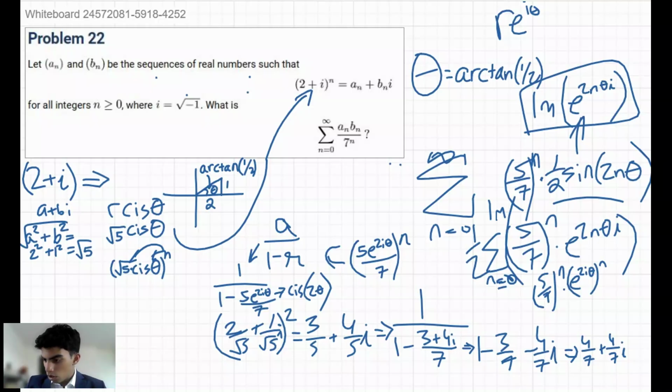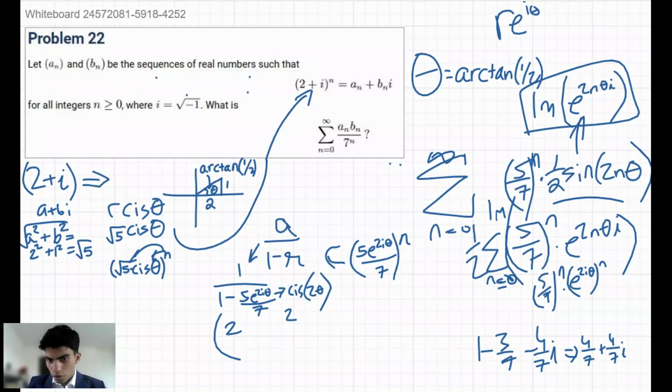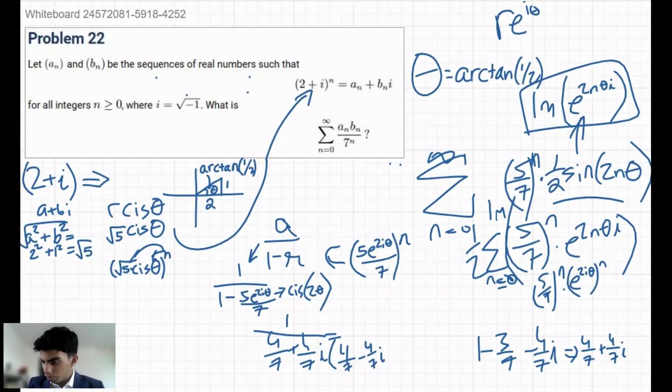All right. Well, I'll go back and delete all of this. Okay. So obviously we have 4/7 plus 4/7 i, and that's the denominator. And that's going to be essentially multiplied by the conjugate, so 4/7 minus 4/7 i.